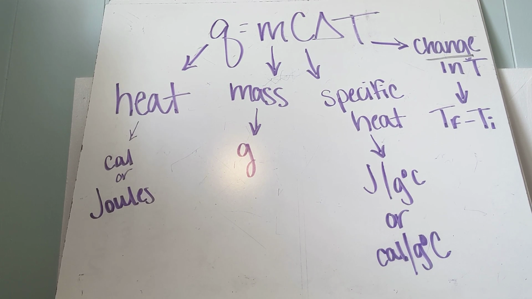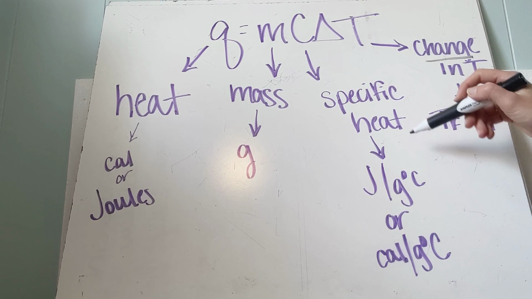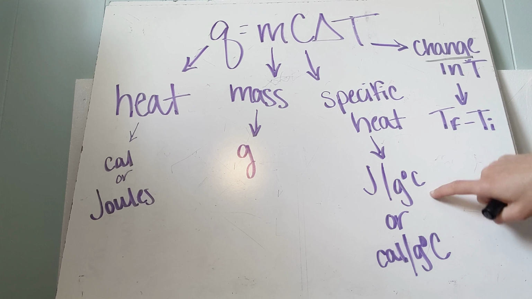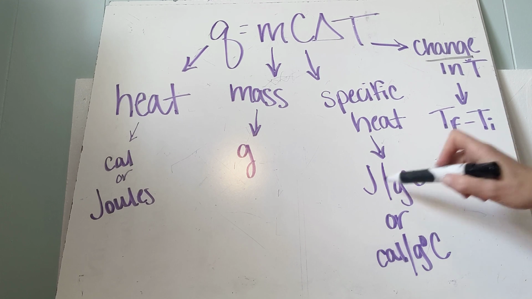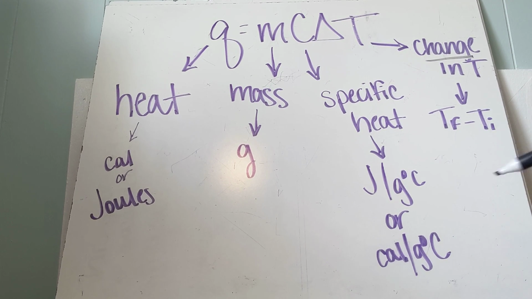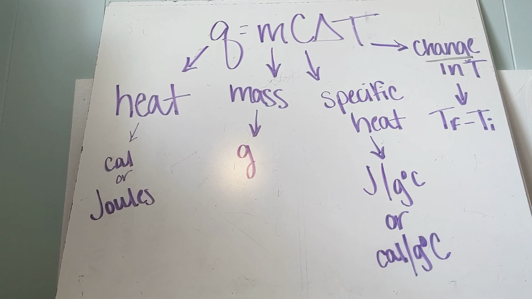Usually we're using liquid water as 4.18 joules per gram degrees Celsius. The units that you're using are joules per gram degrees Celsius, or you can use calories per gram degrees Celsius.